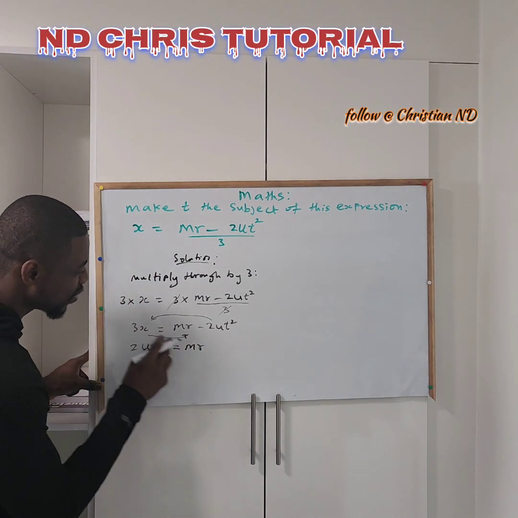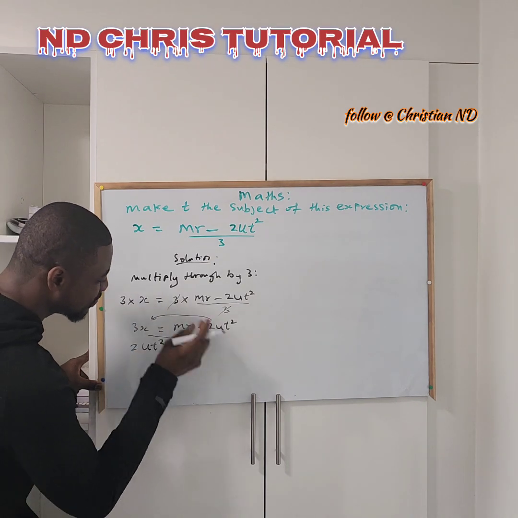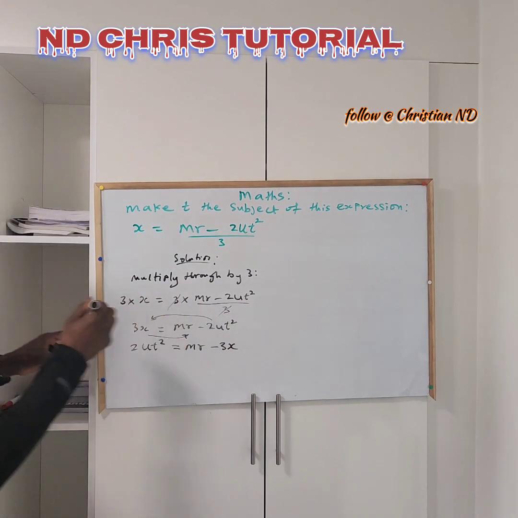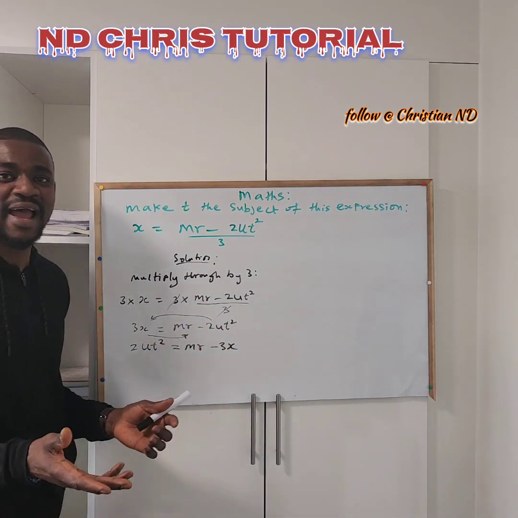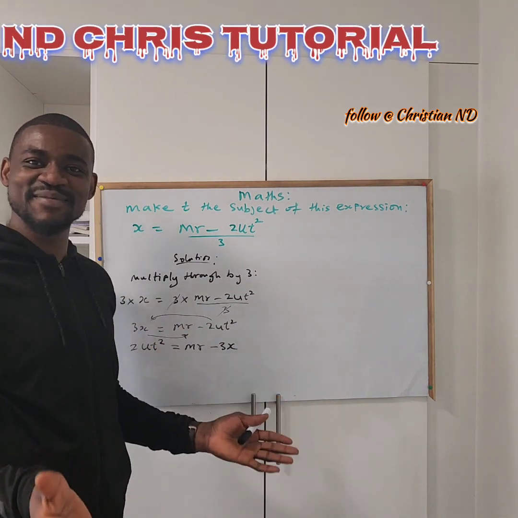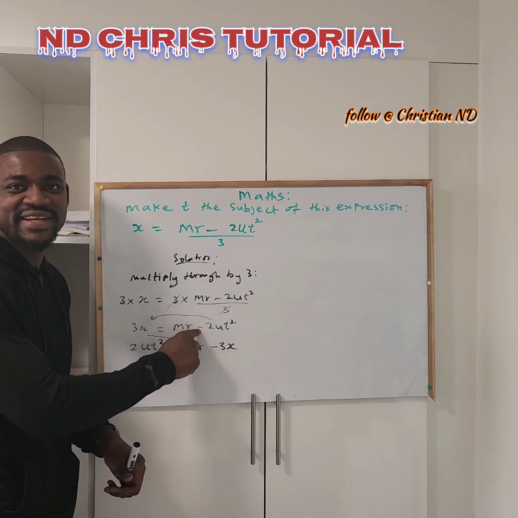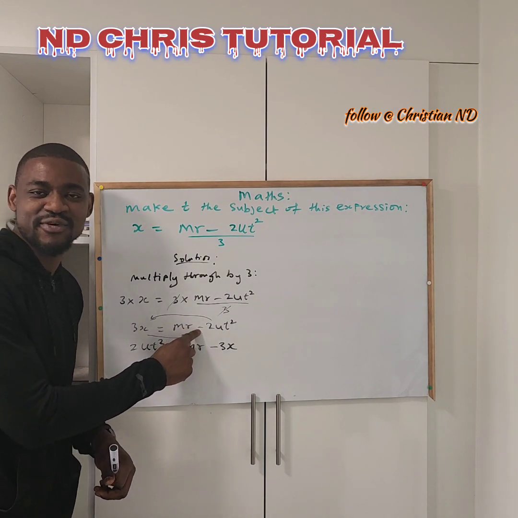The sign here is plus. When it moves or changes position, it becomes minus 3x. They are both similar. I only just rearranged it. It's the same thing. I did it so that this minus sign here will disappear and make the job easier for us.